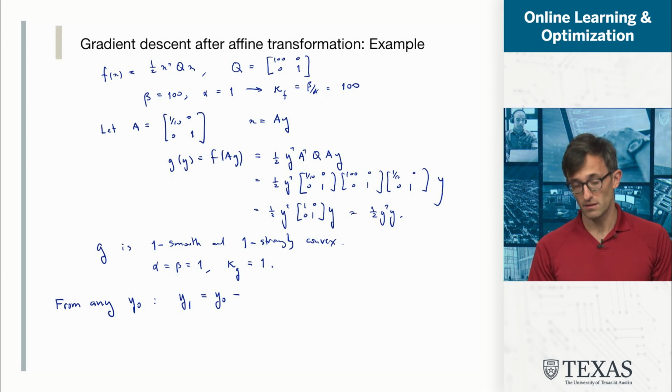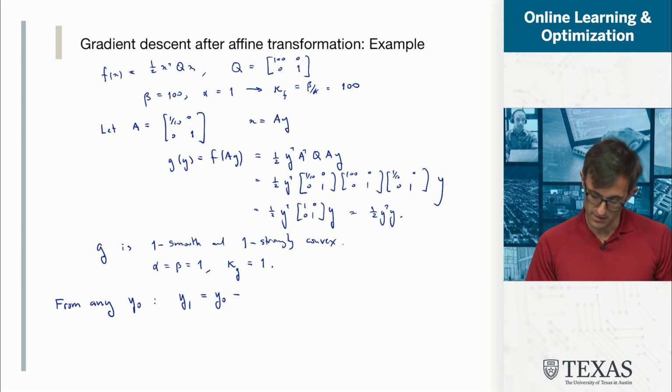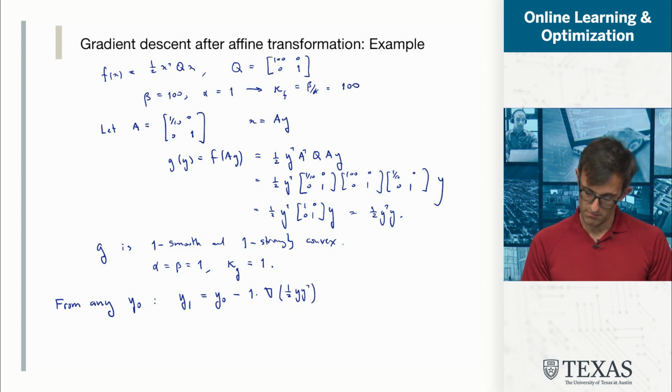Remember, what's eta? It's our step size, always chosen by the smoothness parameter, so it's 1 over beta, which is 1 in this case. So y0 minus 1 times the gradient of 1/2 y transpose y.